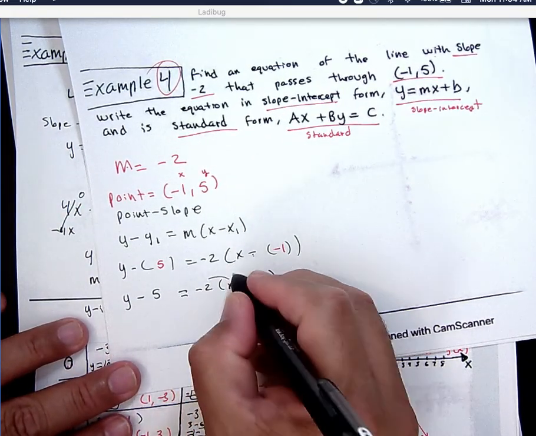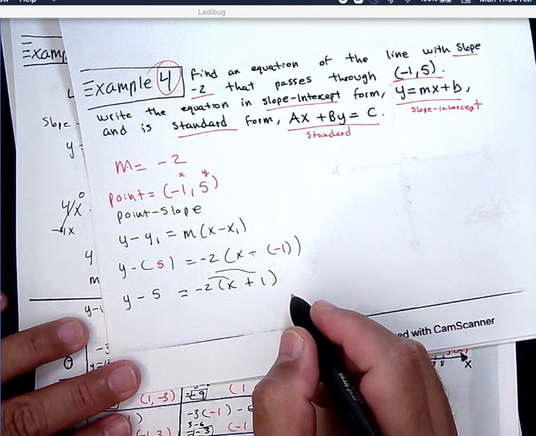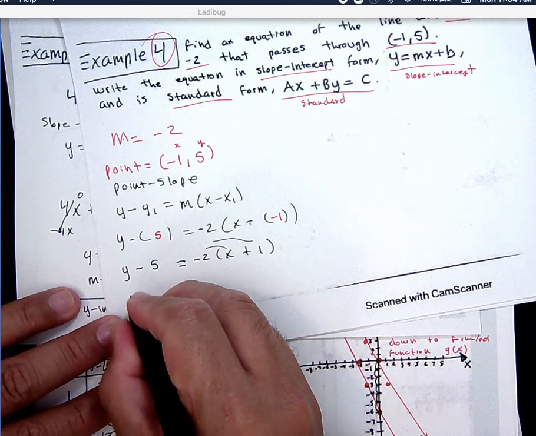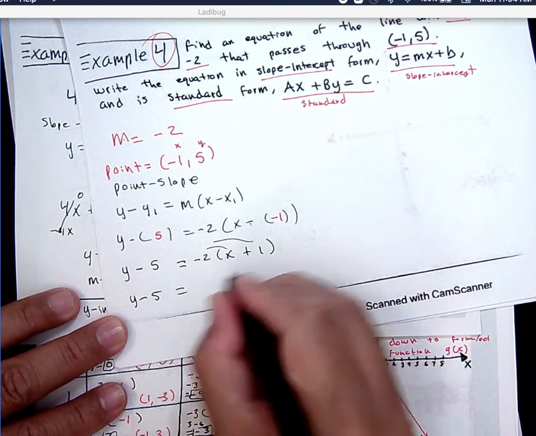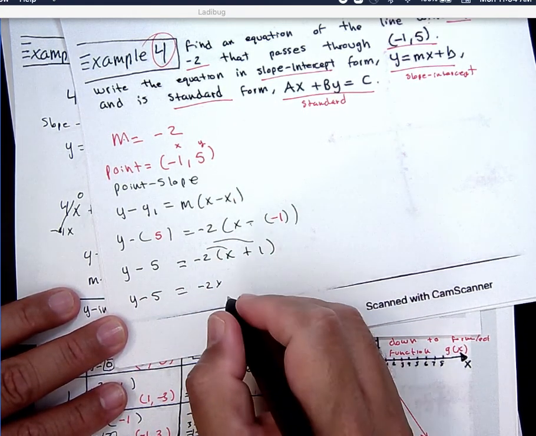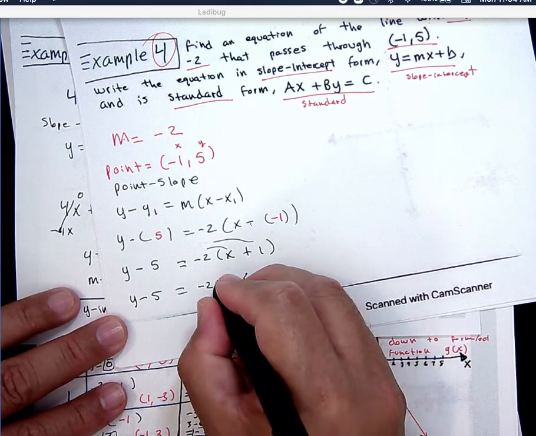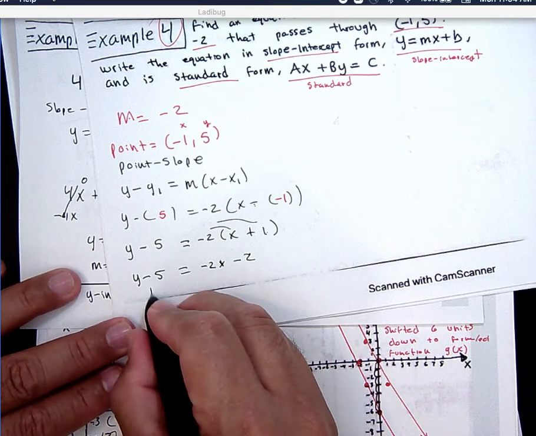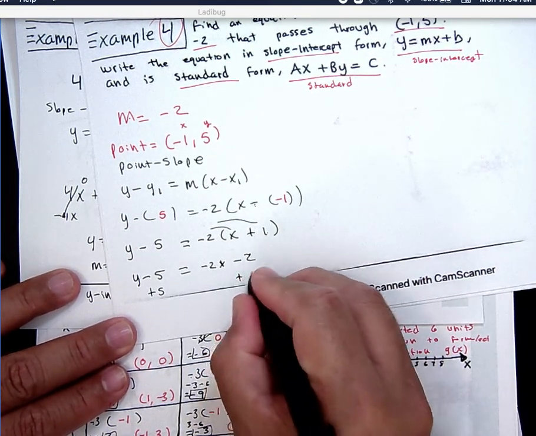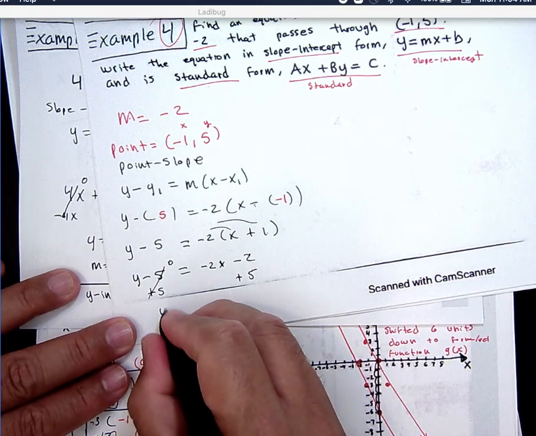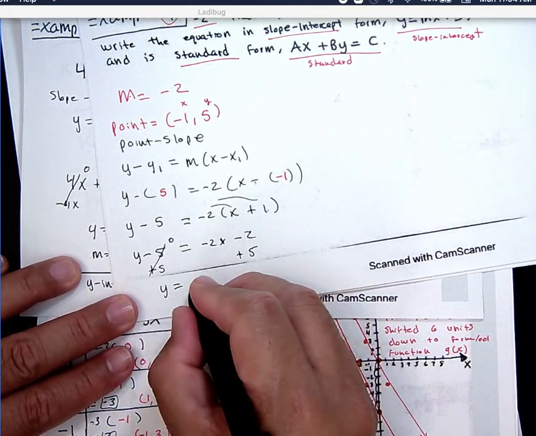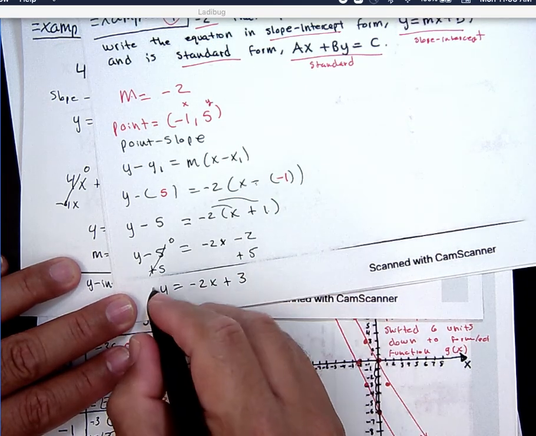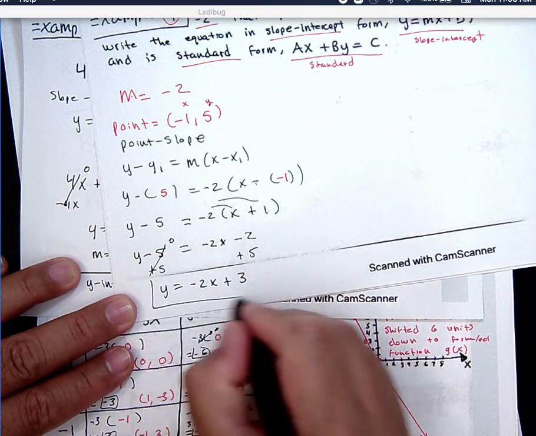And then distribute because we want to find this one first. So y minus 5 equals negative 2x, 2 times x, and negative 2, 2 times 1. Okay, after that, add the 5. So the slope-intercept form would be negative 2x plus 3. That would be answer number 1.